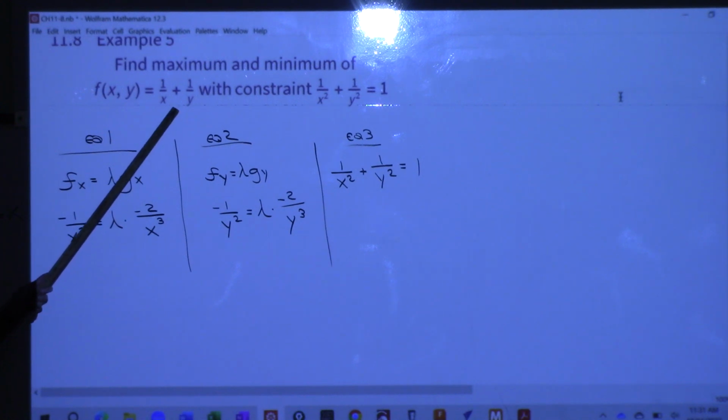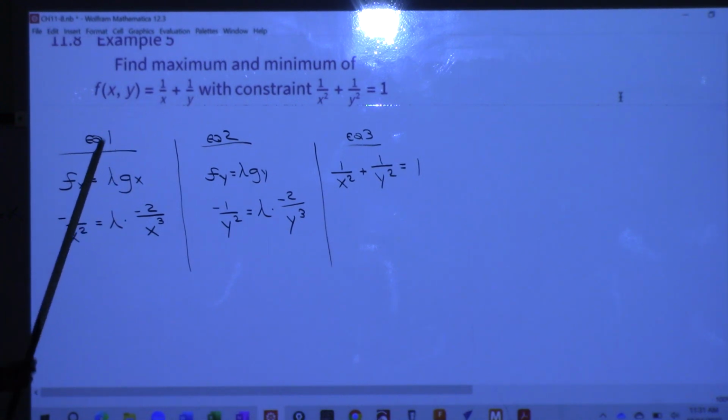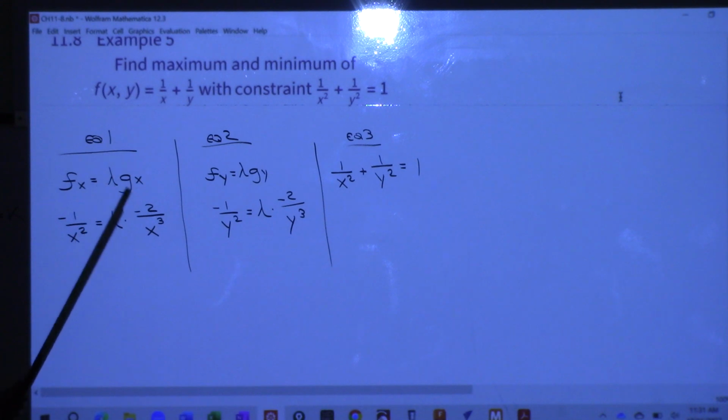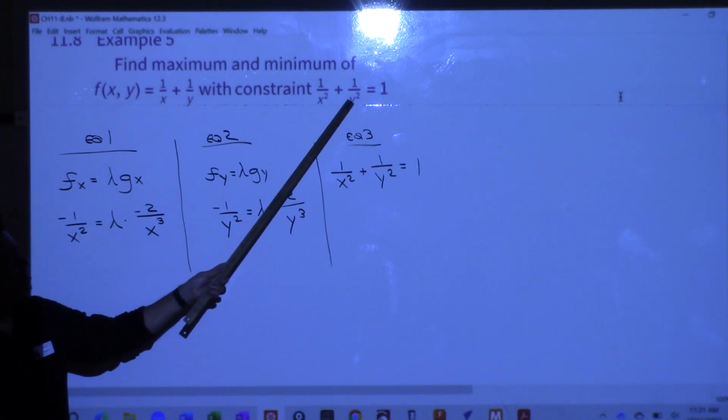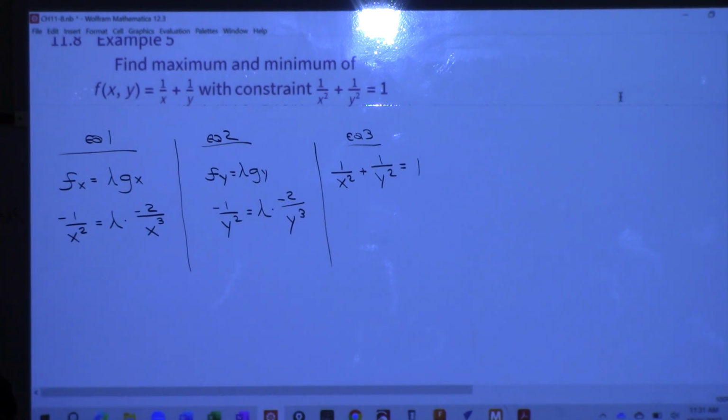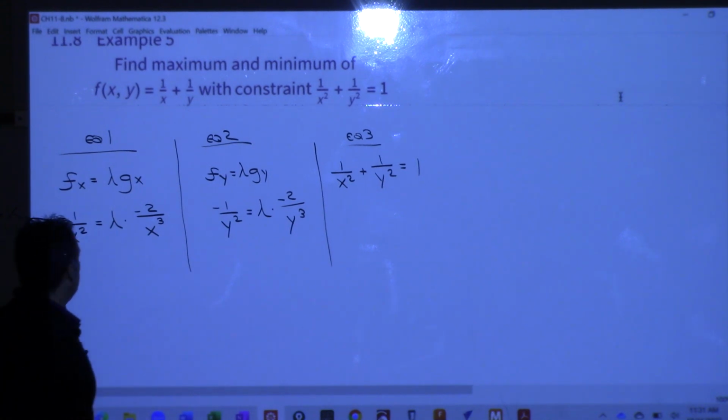Look at the domain of the original function: x and y aren't 0, or else this thing's not defined. x and y can't be 0 here as well. So it's understood that we're not going to consider x and y to be 0, and it's safe for us to manipulate both sides without saying this is a special case. Is that all right with you? All right, then I'm okay with that.